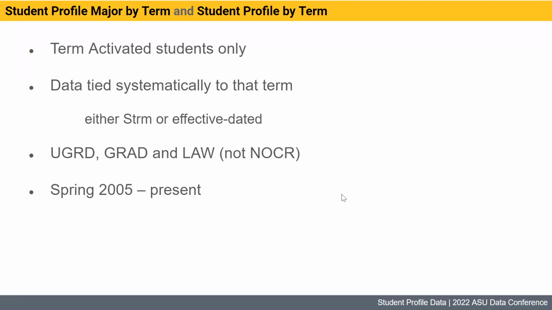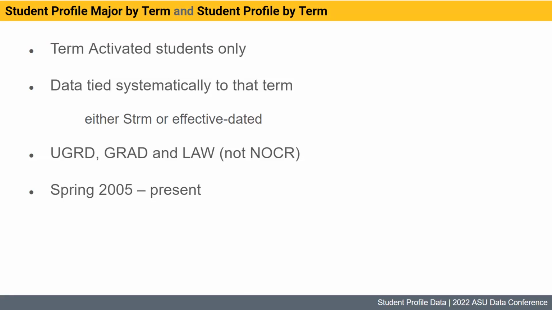So I'm going to talk about the first two tables that I said we usually join together. It only includes term activated students. For any data that's not natively term specific, we use effective dating to decide the student is in this or not for that particular term. In these two tables, we do not include the non-credit career.